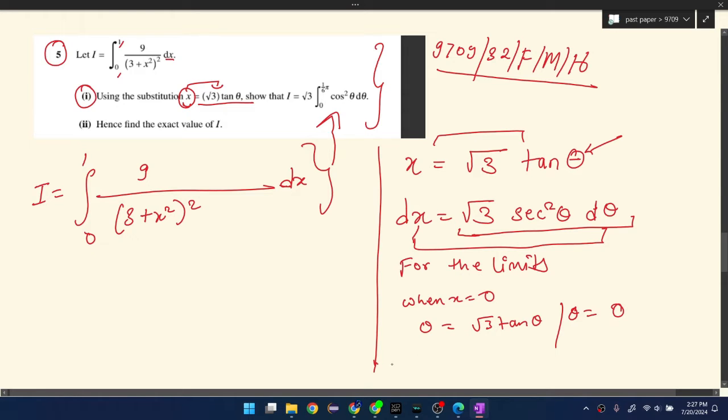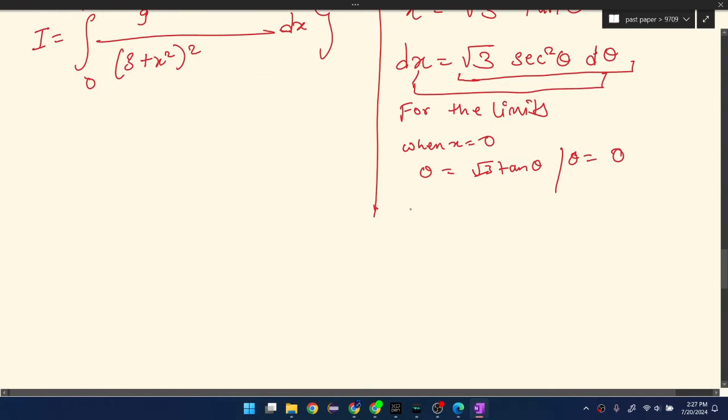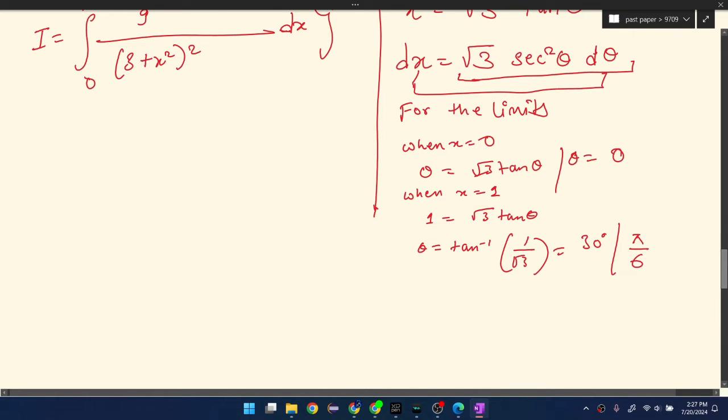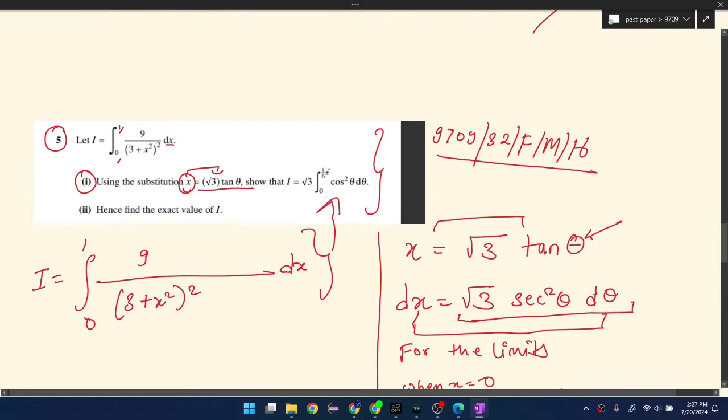Then again, when x equals 1, 1 is equal to root 3 tan theta, so theta is equal to tan inverse of 1 over root 3. It's going to be 30 degrees or pi over 6. So till now we got this, we also got this.